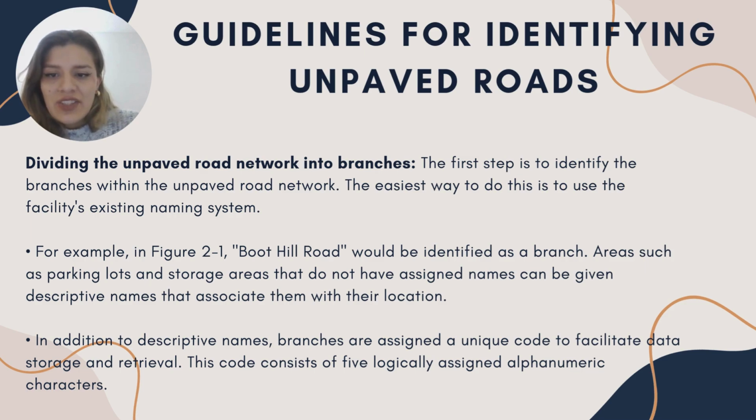Areas such as parking lots and storage areas that do not have assigned names can be given descriptive names that associate them with their location. In addition to descriptive names, branches are assigned a unit code to facilitate data storage and retrieval. This code consists of 5 logically assigned alphanumeric characters.